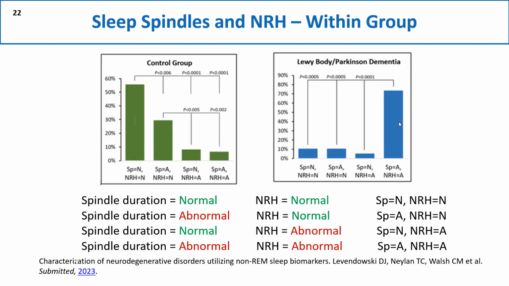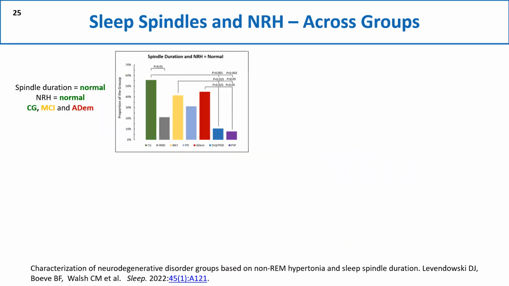Conversely, if we look at the Lewy body dementia, we can see that abnormal spindle duration and abnormal non-REM hypertonia occurred in over 75% of the cases, and it was significantly greater than the other three groups combined. So again, the concept is we can look at either or being excessively high or low and use that information to now characterize across groups.